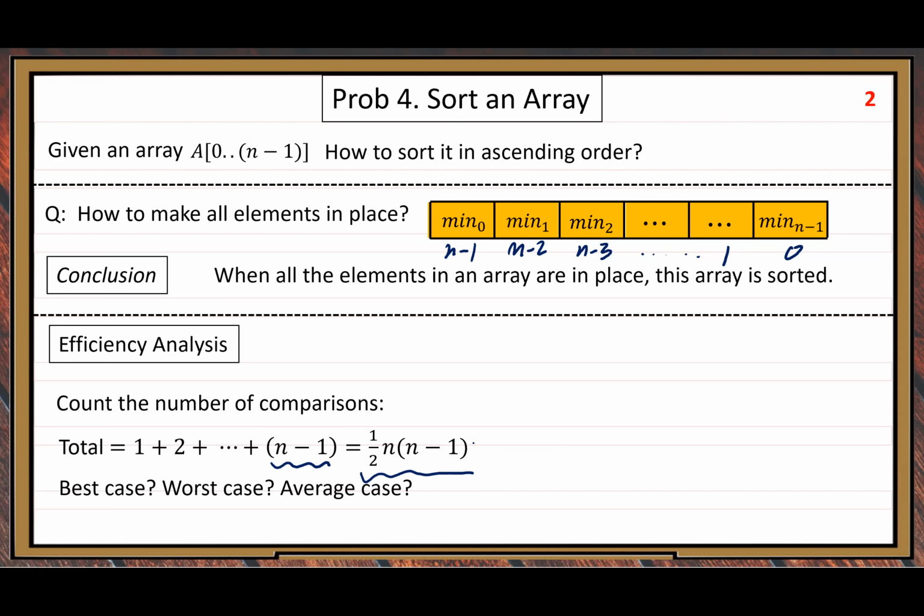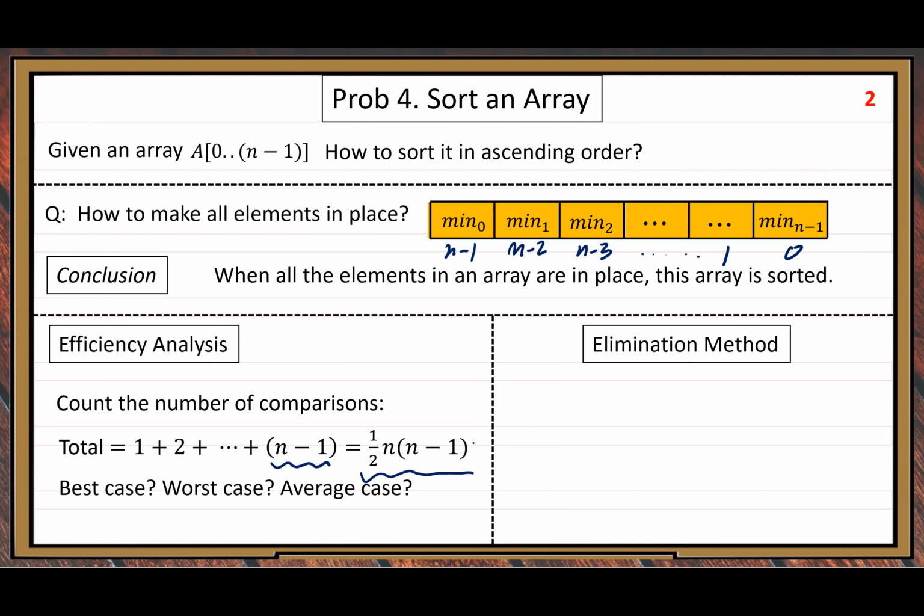No matter whether the elements are equal or not, that's the only possibility. One case, that's the best case, the worst case, and also the average case. All right, so we finish the discussion of this topic.